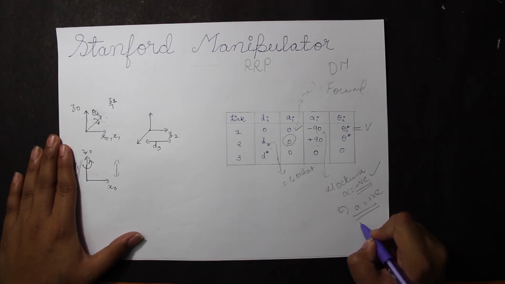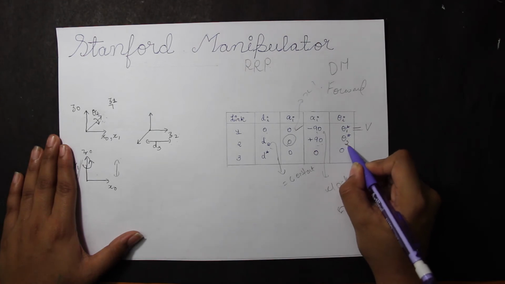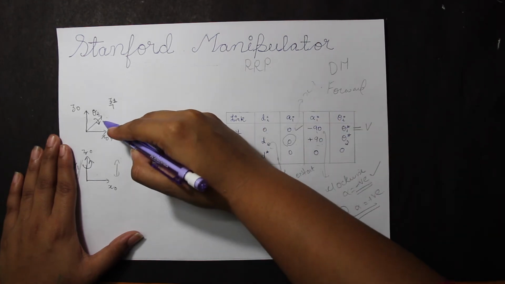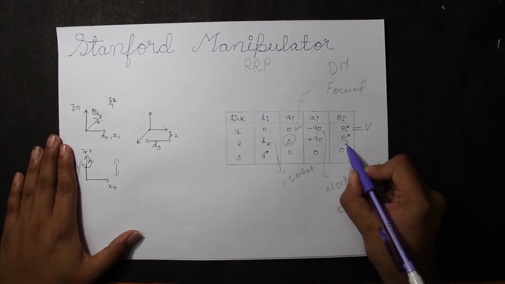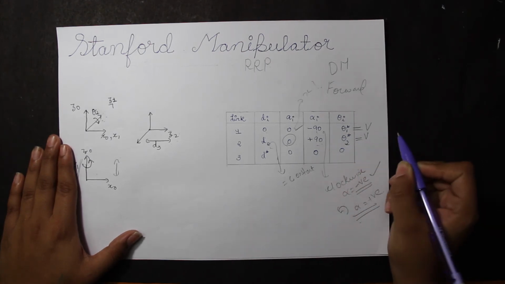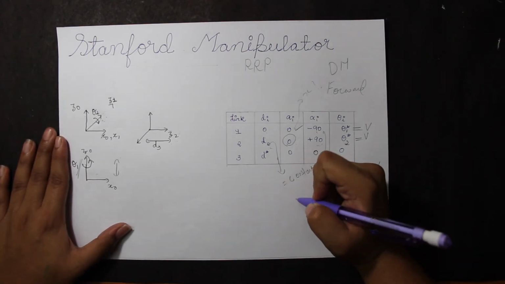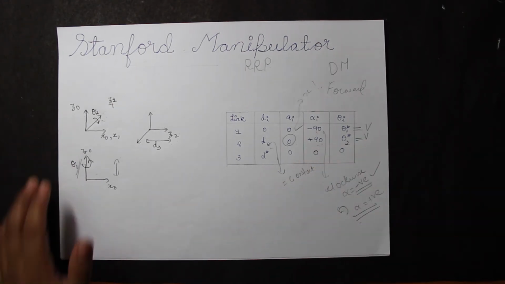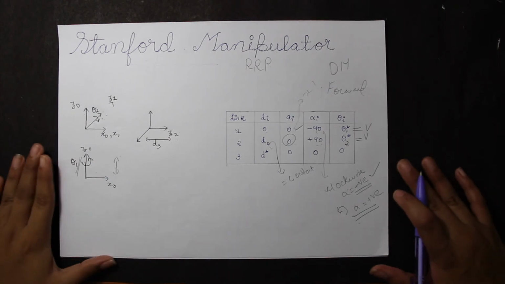Just like link 1, since theta I is a revolute joint and a variable value, we specify it as theta 2 with a star mark. Every time something is a variable, you mark it with a star. That is the rule. If it's constant, then you go ahead and put it as D2, D1, A I, A2.